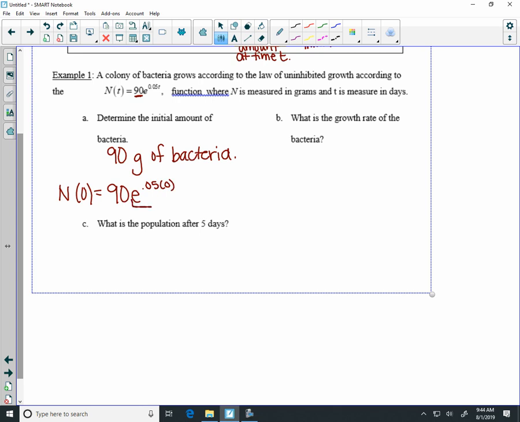So anything to the 0 power is 1, so that just equals 90. What is the growth rate of bacteria? We have up there in the exponent, we have 0.05.